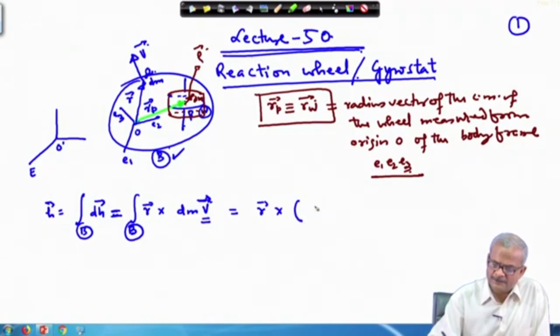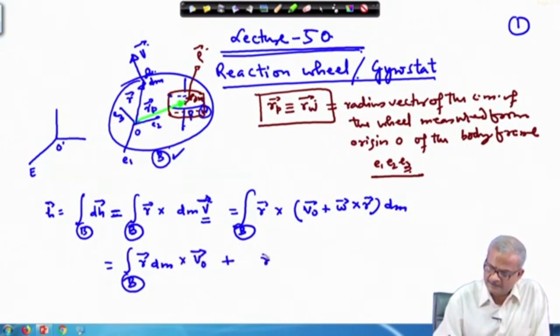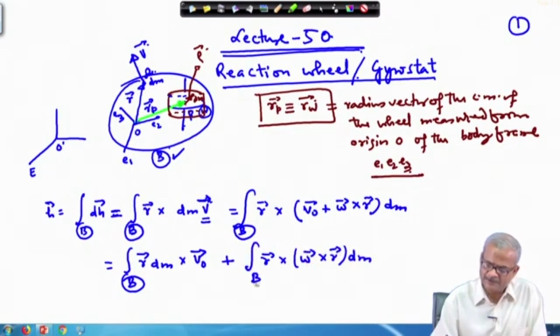And what this quantity v is obviously v 0 plus omega cross r, and this type of integration we have done numerous times. So, I hope that you are now by this time conversant with this. The integration over the body of r d m cross V 0, plus the integral of r cross omega cross r d m over the body.